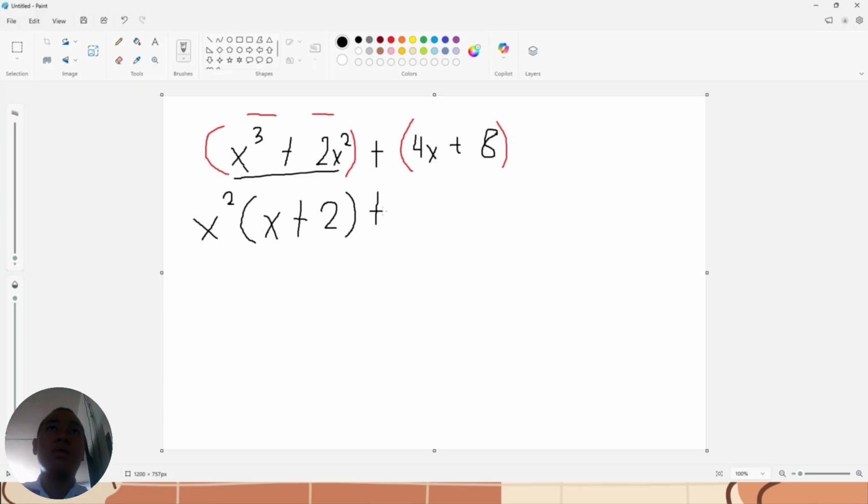Copy this, and then the same thing goes for these two right here. The common factor for them is 4, so we divide: 4x divided by 4 is x, plus 8 divided by 4 is 2.